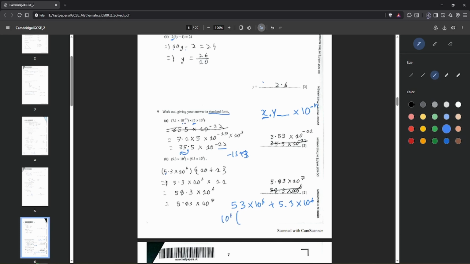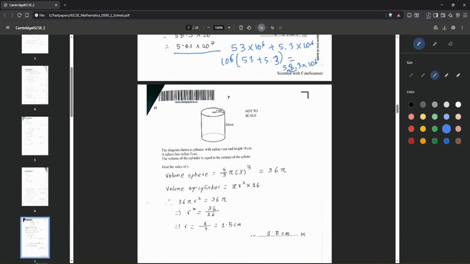We can add 53 with 5.3 and take 10 to the power of 6 common. So if we do the addition, we have 58.3 and 10 to the power of 6. We bring the decimal point one place to the left, so this answer becomes 5.83 into 10 to the power of 7.